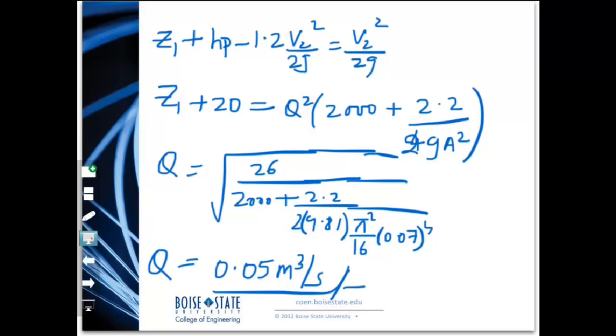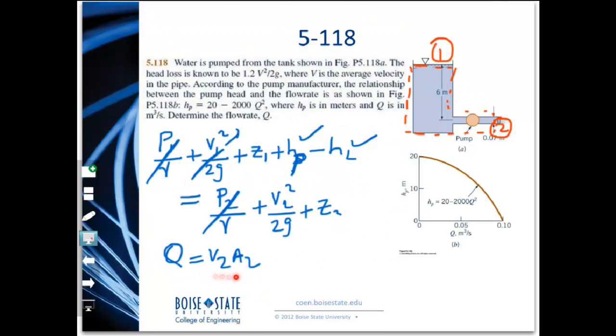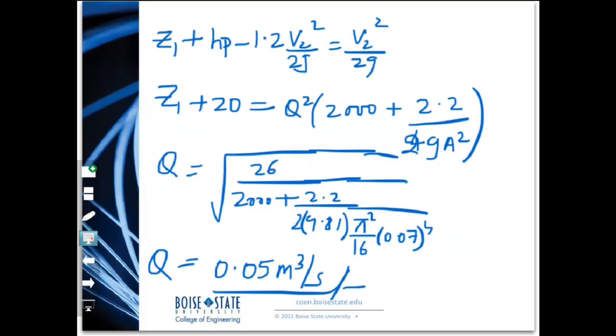And then using V2 from the fact that Q is V2 A2, that helped us get that out of the way. Then I write everything in terms of Q, and Q happened to be the only unknown, and that's why we ended up with this answer.